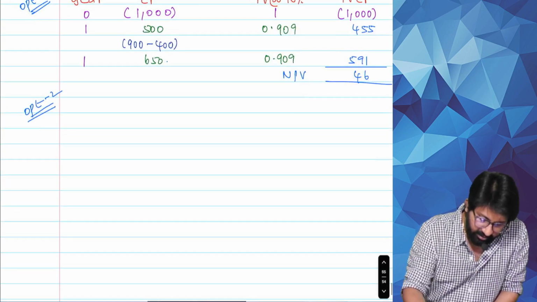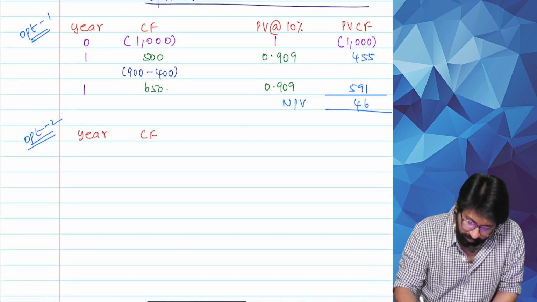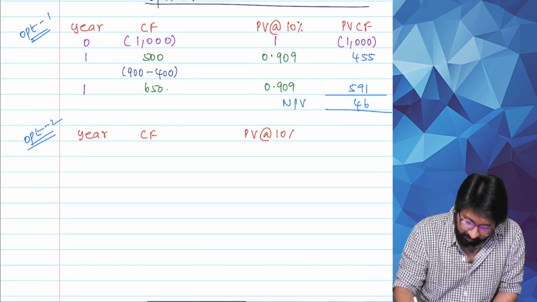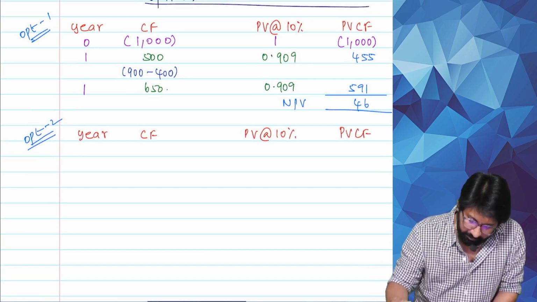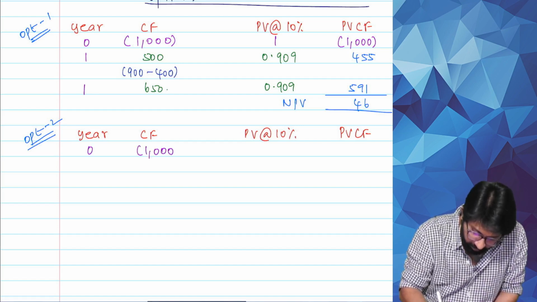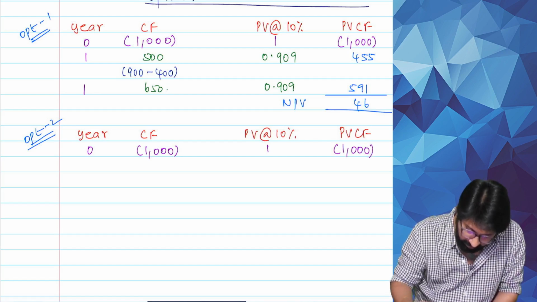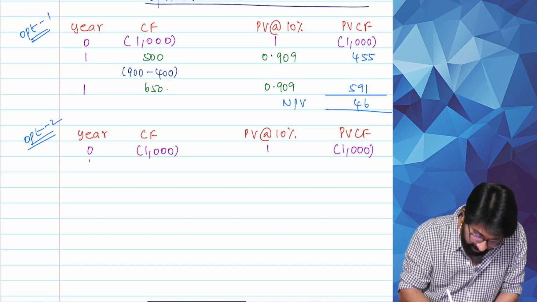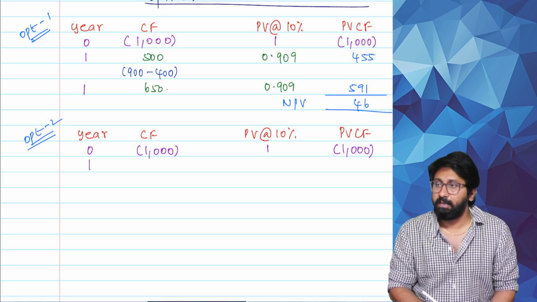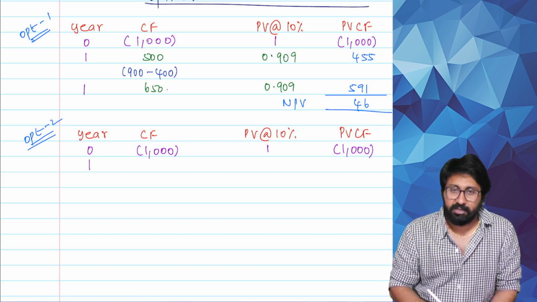Nothing great. Tell me: year, cash flow, PV at the rate of 10%, PVCF. Year 0, what is the outflow? 1000. Next, very important, year 1. In year 1, I have a revenue and cost.